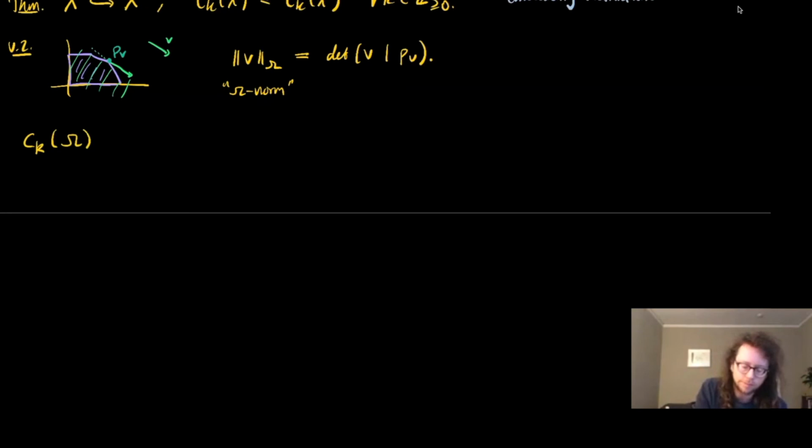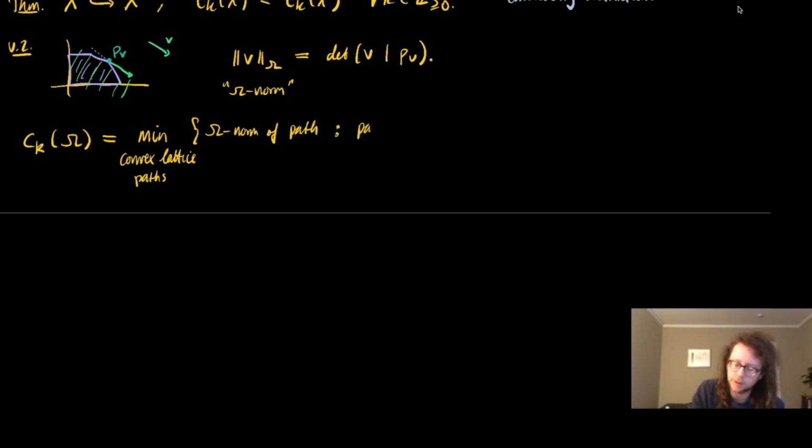Then we define, say, ck omega. This is the min over convex lattice paths of the omega norm of the path, such that the path encloses k plus 1 lattice points. Let me draw a picture to make this much clearer, hopefully.